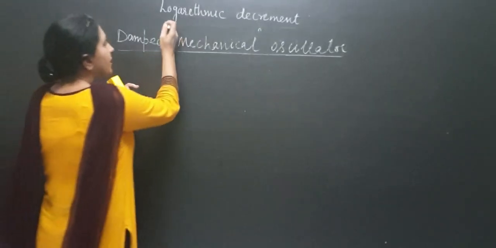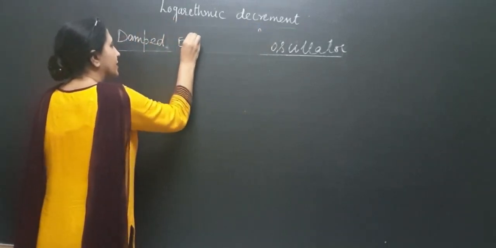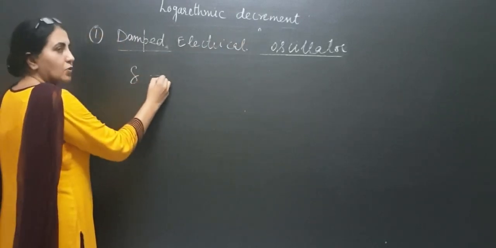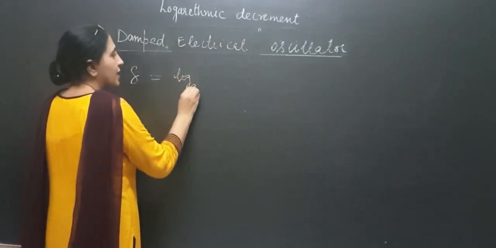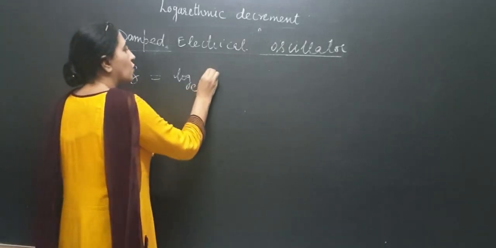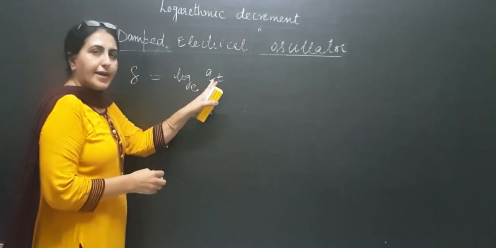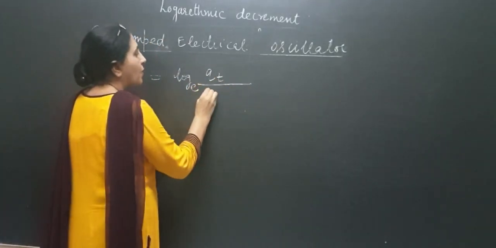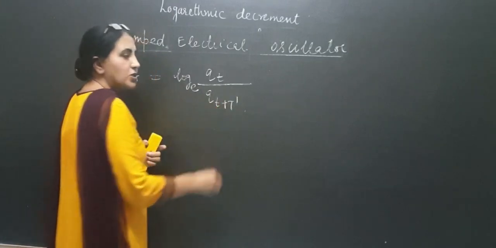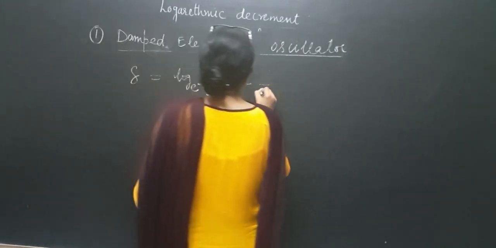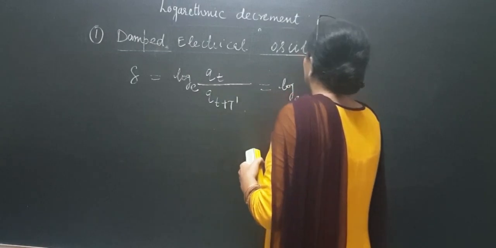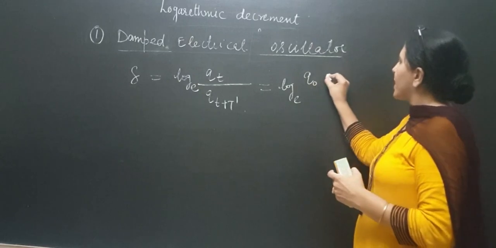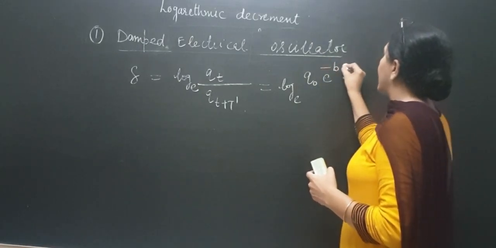So in the case of an electrical oscillator, delta is equal to log e of q t, the charge at any time t, divided by q at t plus T dash, the charge between the plates of a capacitor. q t is equal to q naught, the charge at time t equal to 0, e raised to power minus bt.